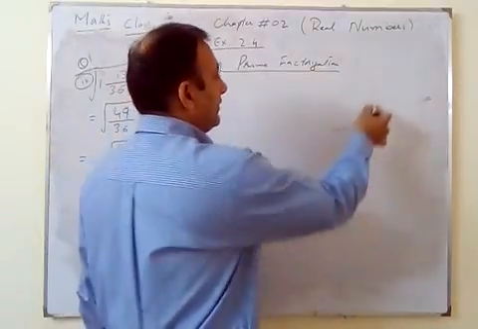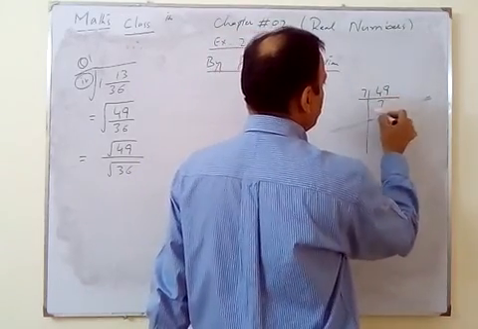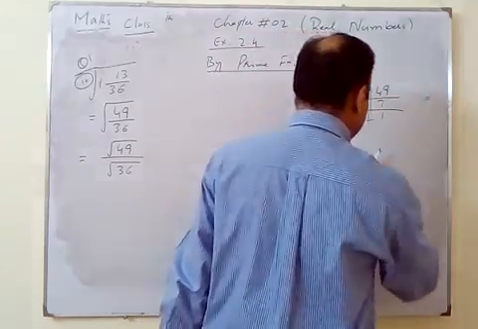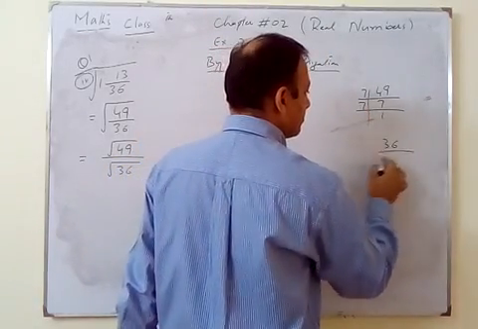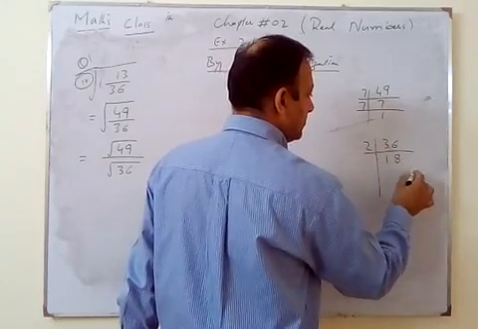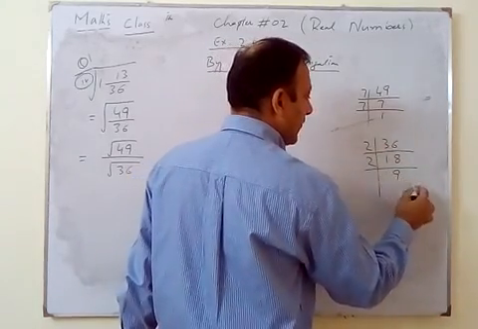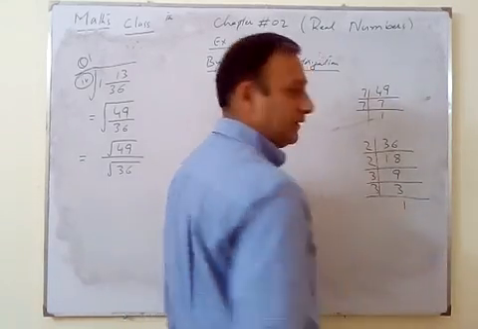Now find the square root by prime factorization. For 36, 2, 18; 2, 9; 3, 3; and 1.